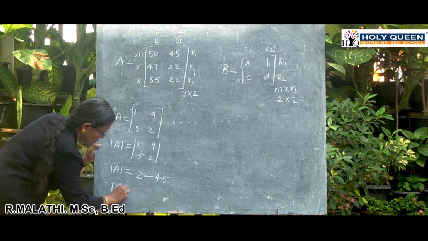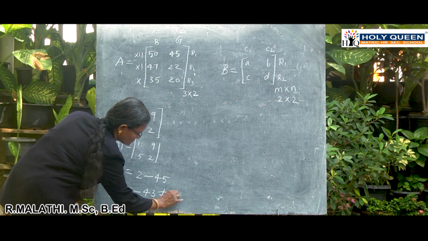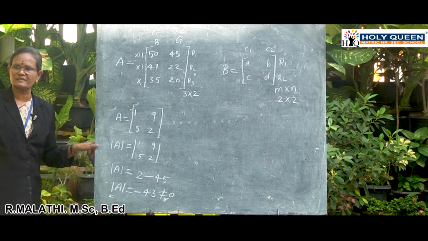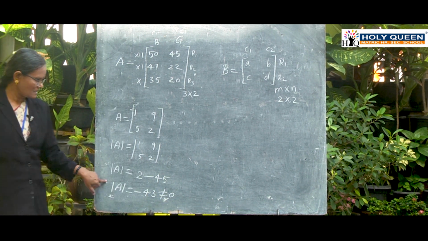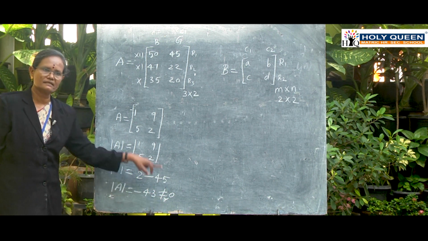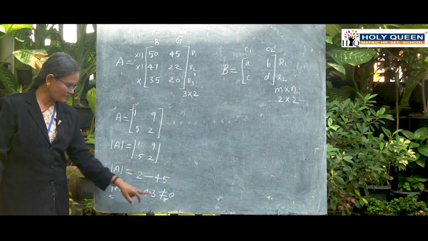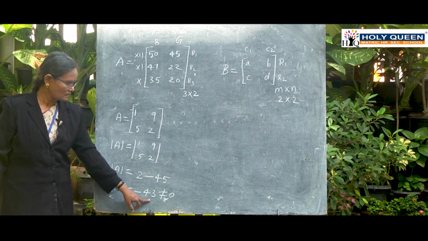So the determinant value of A is minus 43, not equal to 0. This is the main difference between matrices and determinants. A determinant can be reduced to a single value, but a matrix cannot.